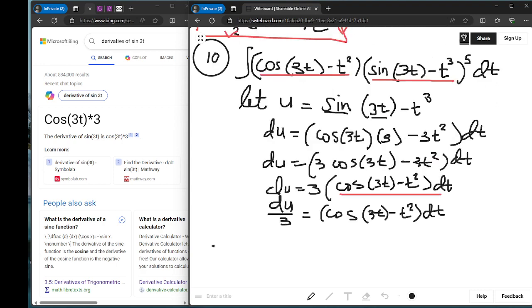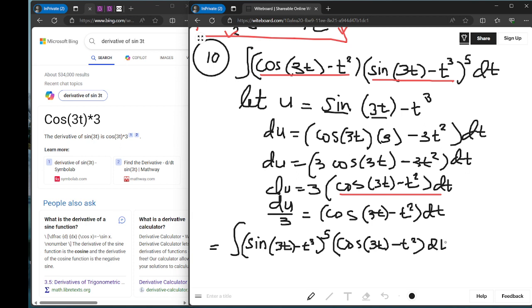Rearranging the top part, we have the quantity sine of 3t minus t cubed raised to the power 5 times cosine of 3t minus t squared dt.